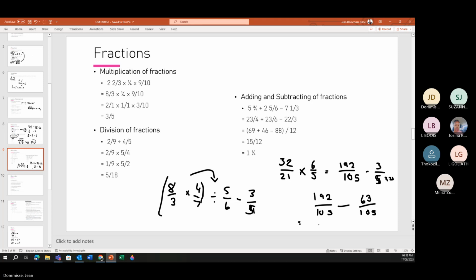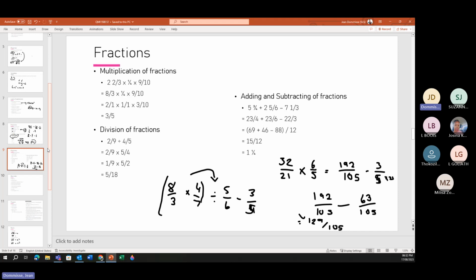So 192 minus 63 would have given you 129 over 105. And again, now we need to check what your answer set is that they give you. It might be that they give you 129 over 105 when you pick it.